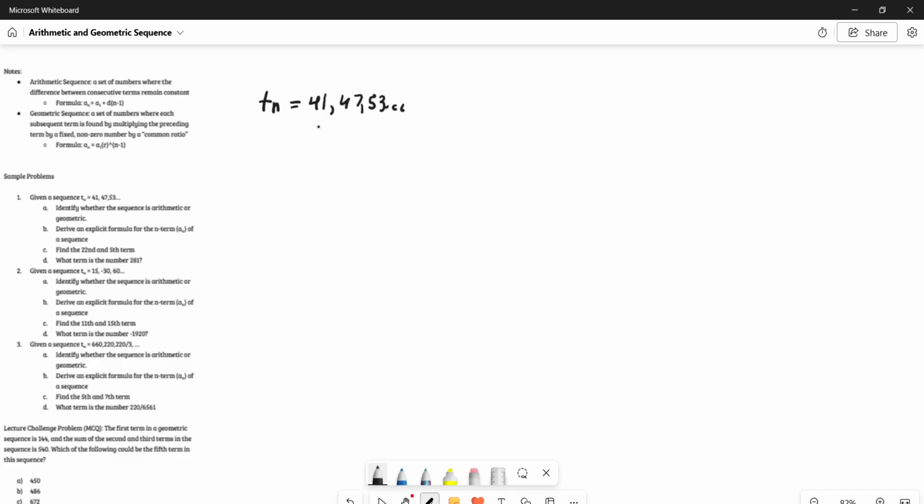Well, just looking at the terms, 41 to 47, the difference is 6, and 47 to 53, the difference is 6. So I can pretty much assume that the differences remain the same as each term proceeds. So for part A, we could confidently say that due to the constant difference, the sequence is arithmetic.